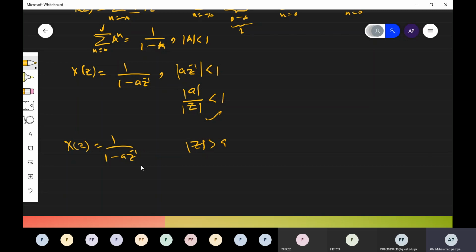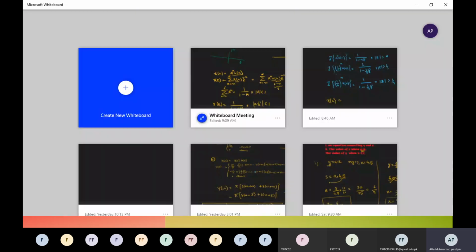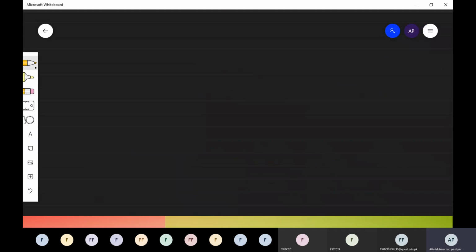So in today's class we will be discussing the inverse Z transform, right? There are basically three different methods to compute the inverse transform of any signal.